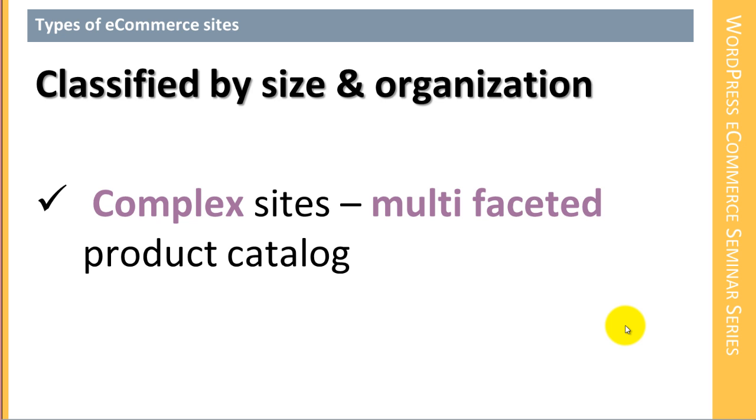Same thing is true with the possibility of creating custom taxonomies. Maybe you want to show all the products of a manufacturer or something like that. And so you have your own custom taxonomies that you're using for organizing products as well. This typically will involve some kind of sorting of catalog pages similar to the sites before, but it also may include the ability to drill down by attribute.